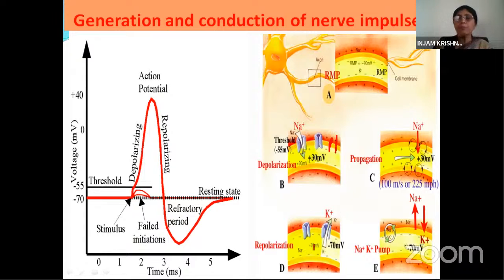After propagation, after the end of this axon fiber, it has to come back. It has to be repolarized. So potassium voltage-gated channels open and potassium ions move outside. Again, it reaches minus 70.